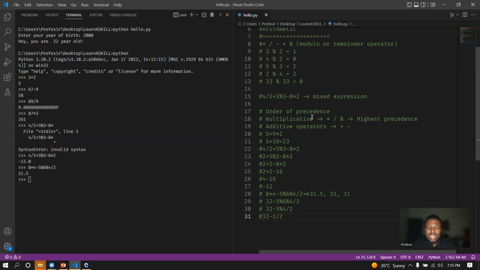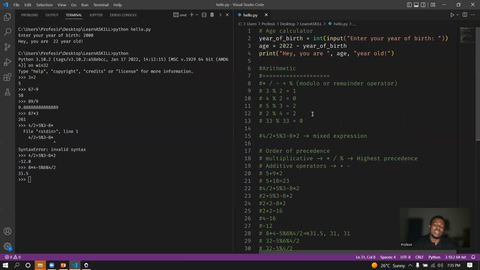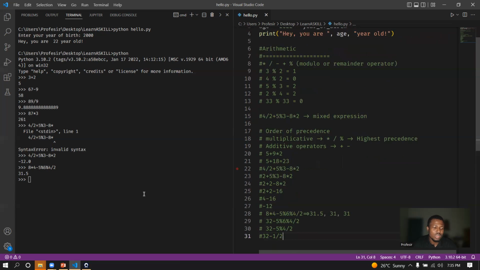Now, Python has one more arithmetic operator. My problem has to do with the 5 mod 6. Okay, so 5 mod 6, right? Modulo simply means that if you divide this by that, what will be the remainder?